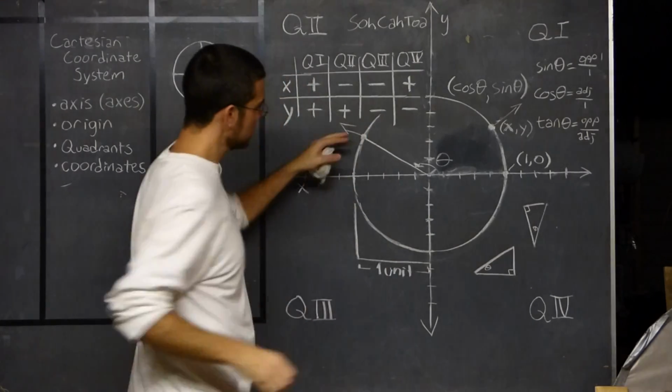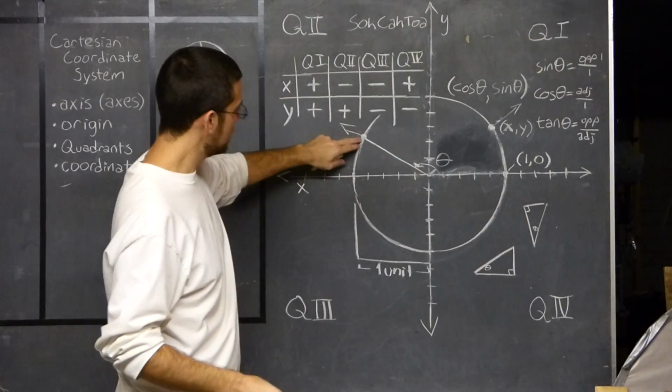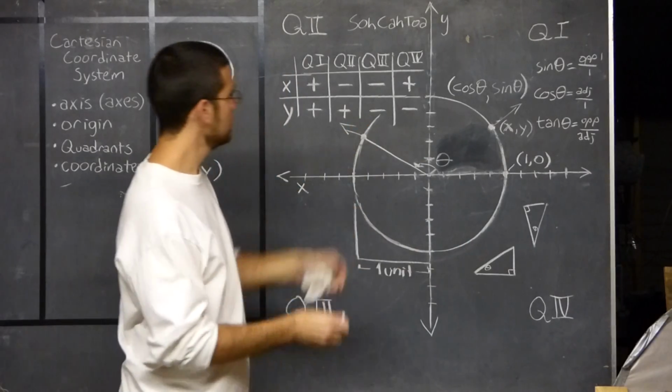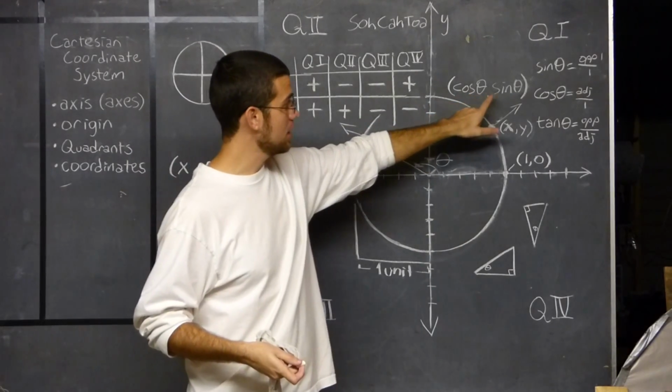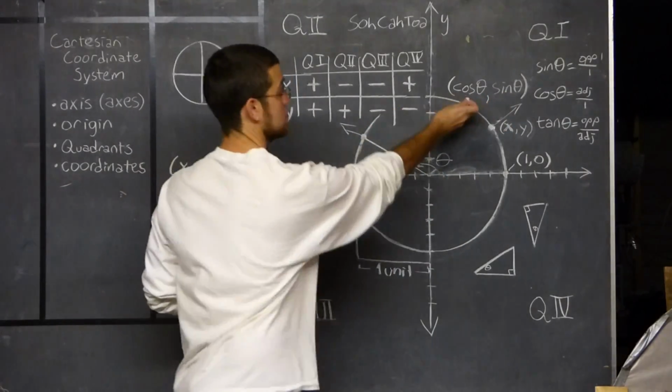That point where that ray intersects this unit circle is going to have coordinates cosine theta, sine theta for x and y.